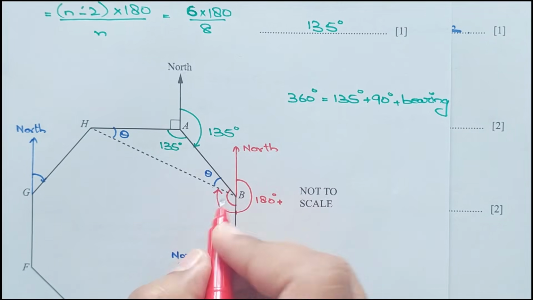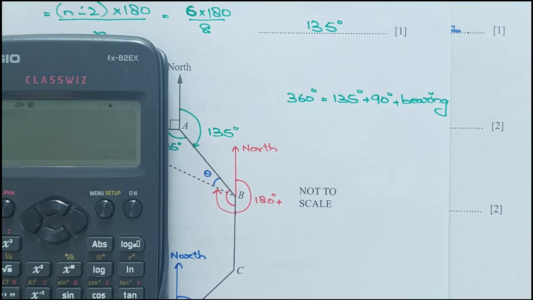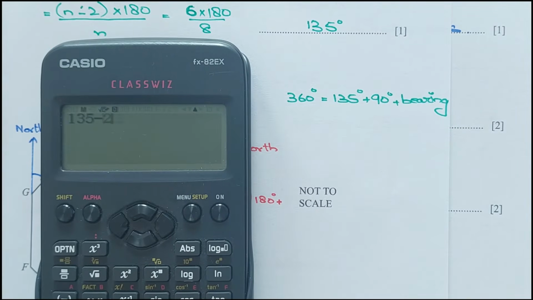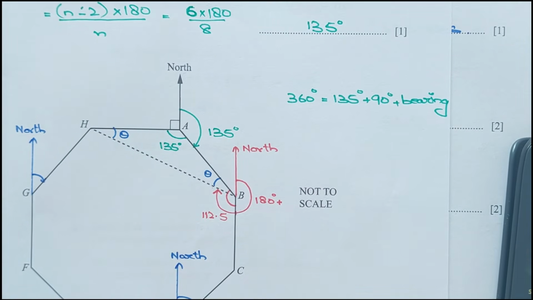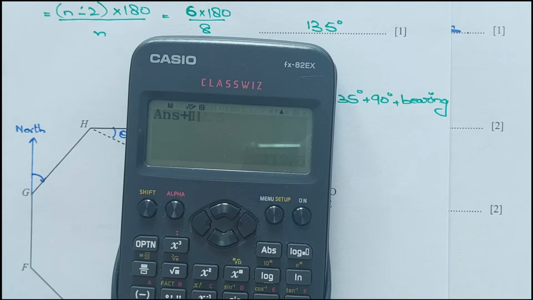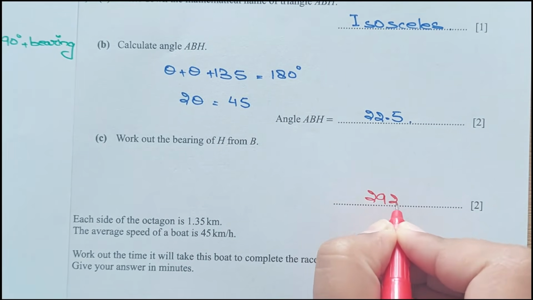So what is this portion? It is 135 subtract 22.5, which is 112.5. So in 180, add 112.5, we will get the bearing. 292.5 is the bearing.